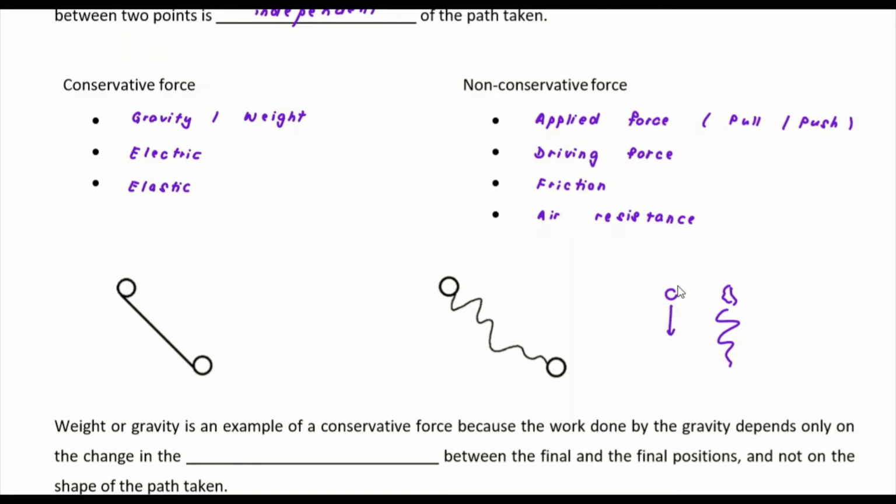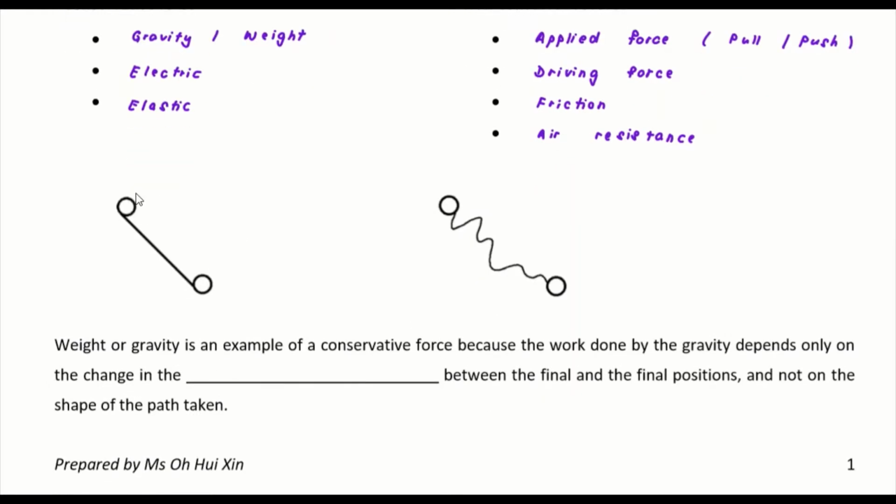Okay, I'm just using these ideas to help you understand. You can see that both of these particles are at the same height, so we are talking about the initial position and the final position. If this particle is going downwards in a straight line, then we know that friction and the applied force are based on the path here.